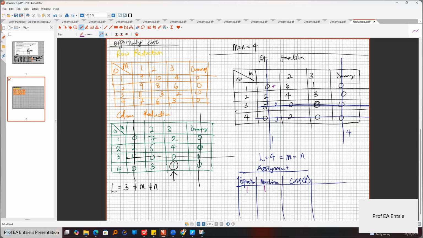Two, can I assign two? So we shall see. Three, I can assign three to two.